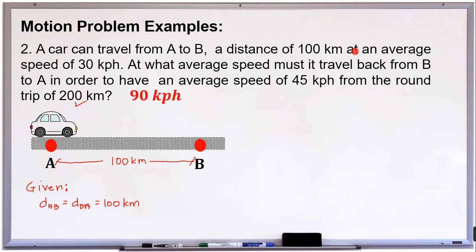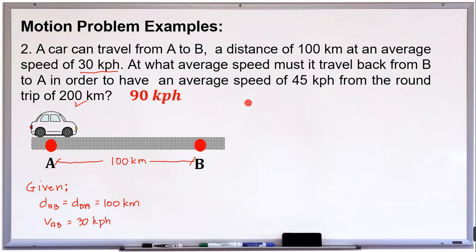Next, from the problem, it is also stated that the speed of the car in traveling from A to B is 30 kilometers per hour. So we can represent that as V sub AB, equal to 30 kilometers per hour.